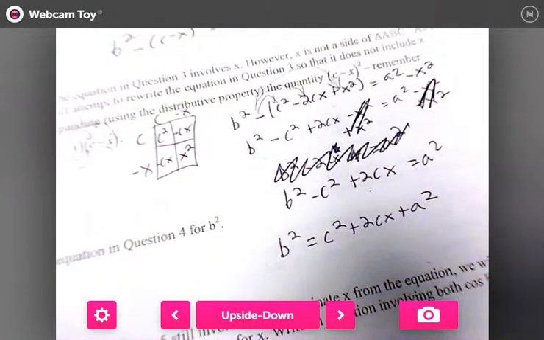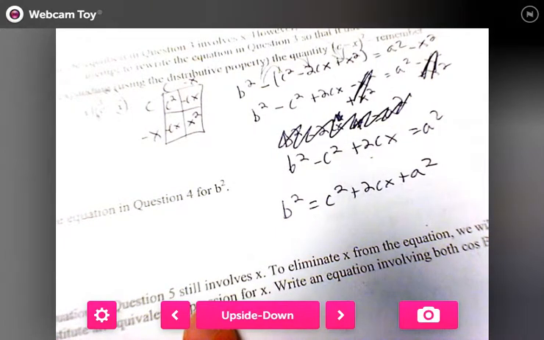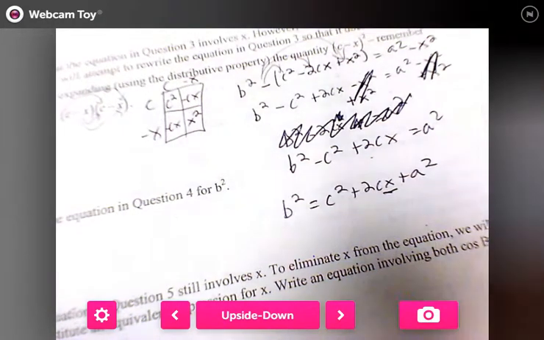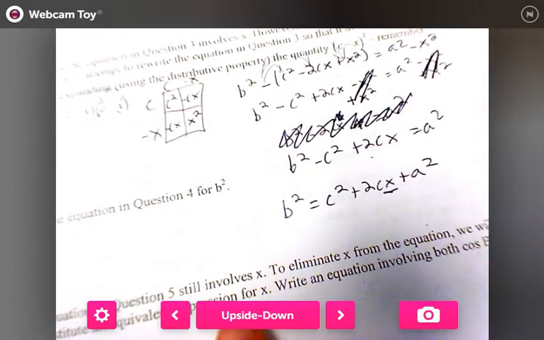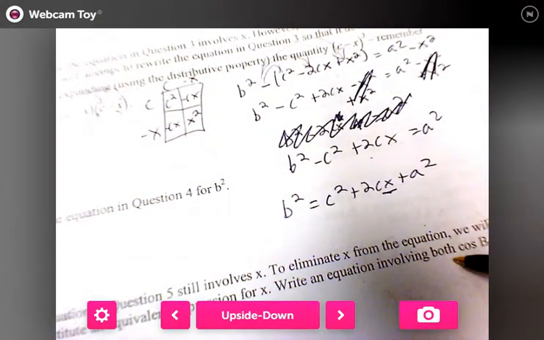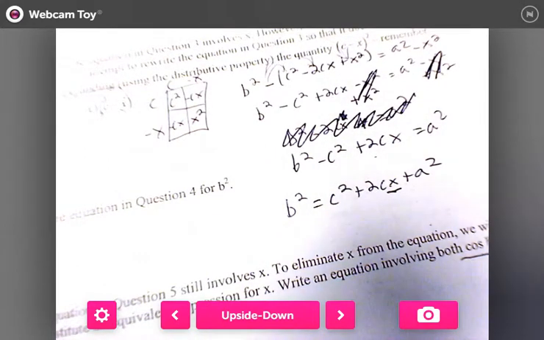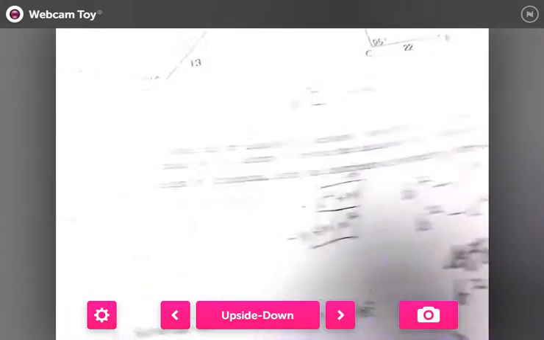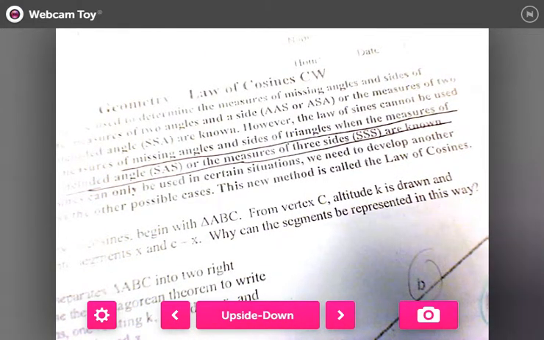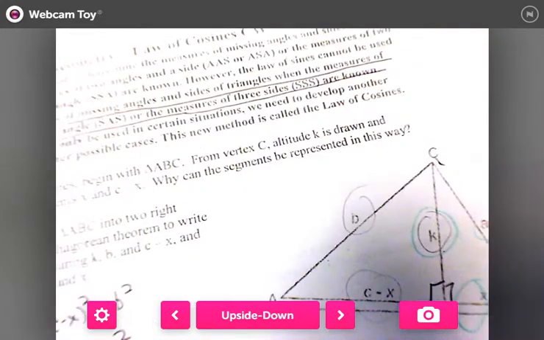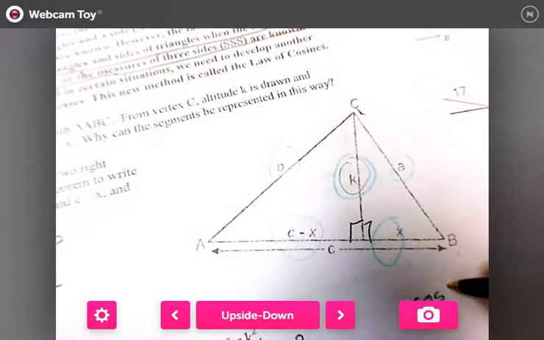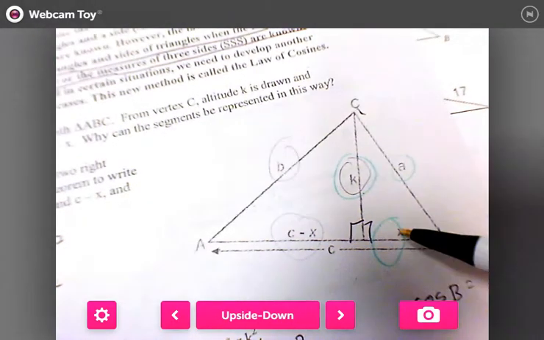Okay? All right. This equation in question 5 still involves x. We see that x right there, right? To eliminate x from the equation, we will attempt to substitute an equivalent expression for x. We're going to write an equation involving both cosine b and x. So if we look at b, if we want to find the cosine, and we want to use b and x, so I'm back here, the cosine of b equals x over a, correct?